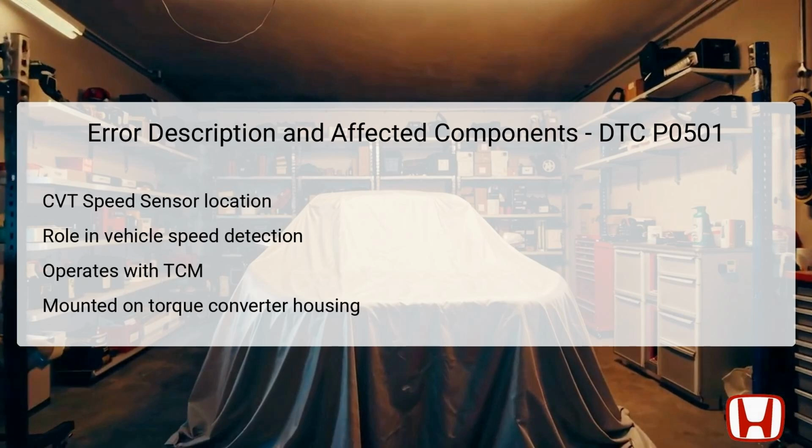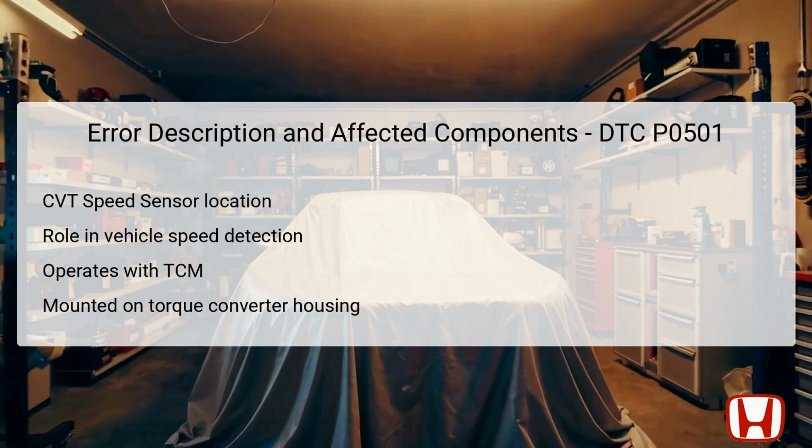This signal is transmitted to the transmission control module, or TCM, which interprets it to calculate the vehicle's speed. If the sensor is unable to provide the necessary pulses due to a malfunction, the TCM will flag this issue and store the DTC for further diagnosis.